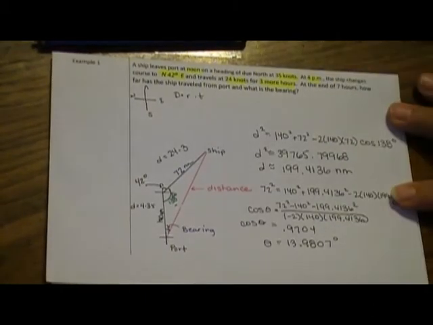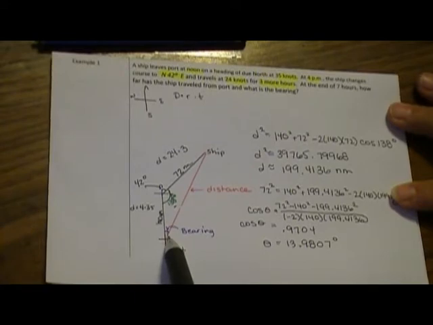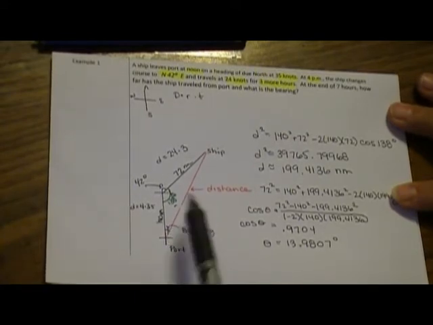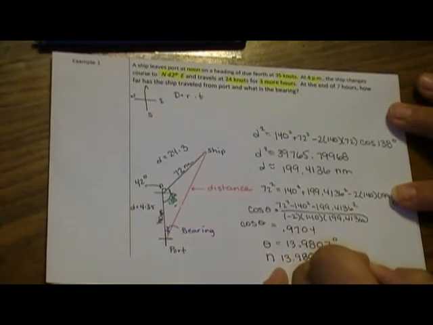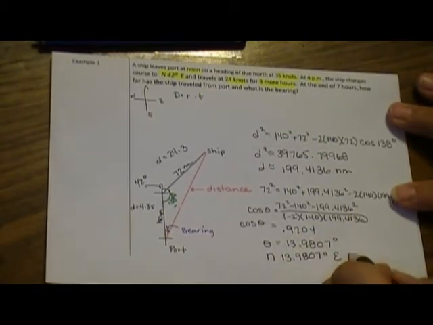So we have the angle there, but that's not the bearing. We now need to put in which direction it's going. Well, we can see that the ship moved in a north by northeast direction. So we say north 13.9807 degrees east. And this is our bearing.